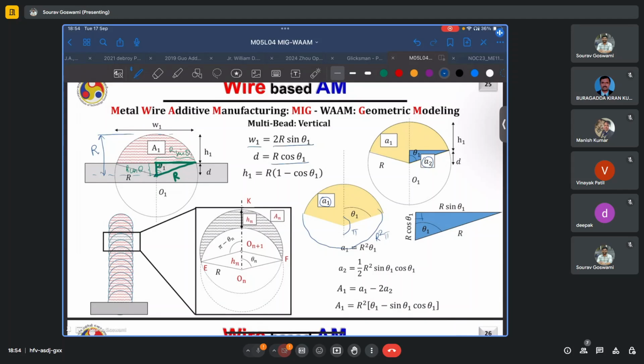Once these two areas are known to us, we find the area of the highlighted region capital A1. A1 is simply small a1 minus twice small a2, because this area also has an area equal to a2. This comes out to be simply r square times theta 1 minus sin theta 1 cos theta 1.